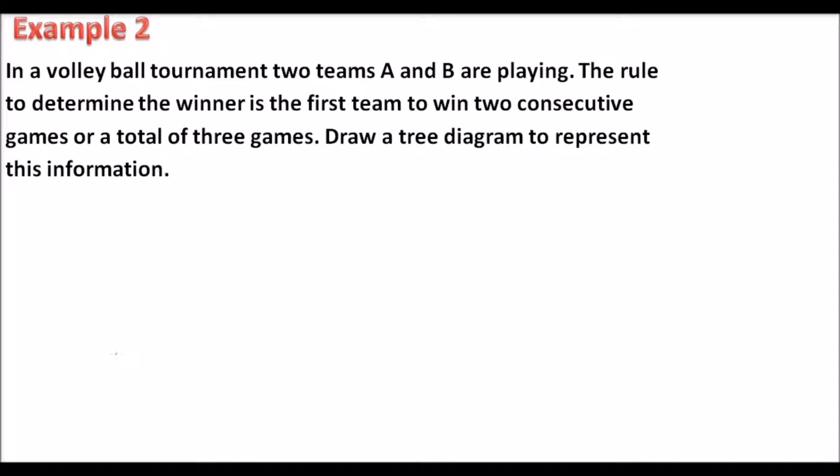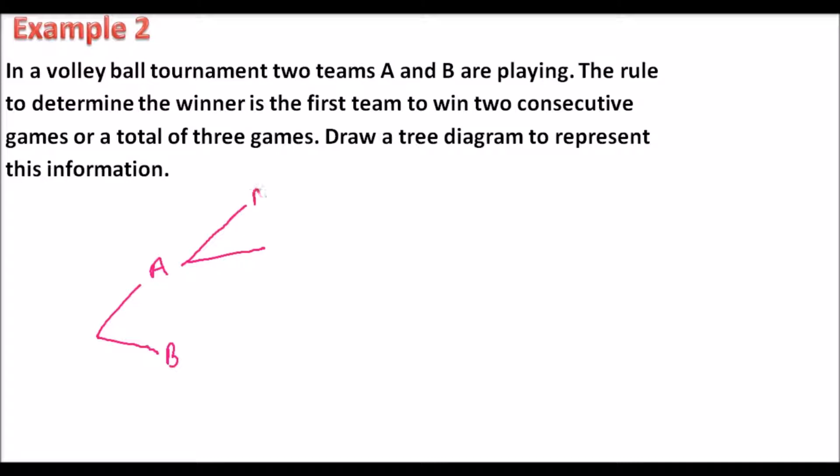So let's start from the beginning. That is our starting point. You can say A can win the first game or B can win the first game. If A wins the first game, they play another game.